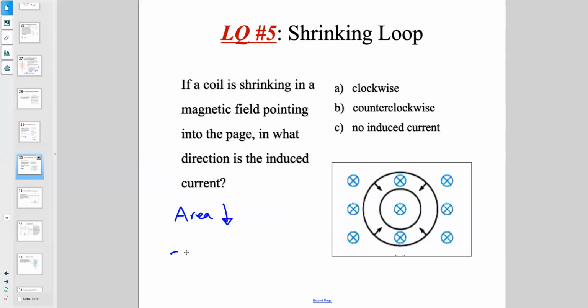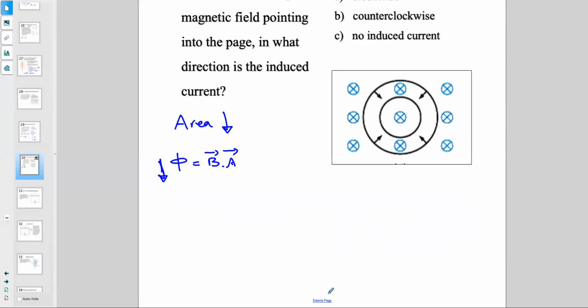That means the flux is getting smaller because flux was B dot A. If flux is getting smaller, then I have to have a current inside this loop to do the opposite action. Since this flux is decreasing, I have to increase the flux, okay? And the B field is inside the page, so I have to have the current in this direction.